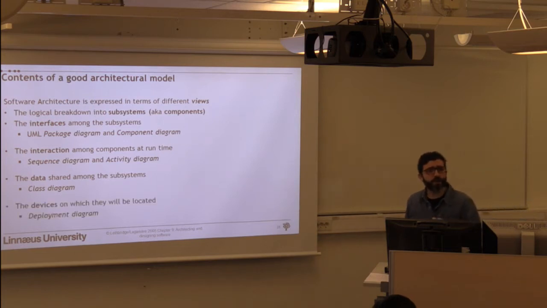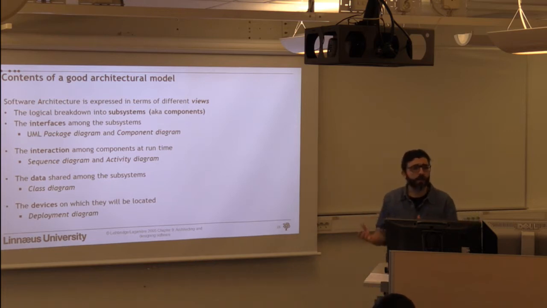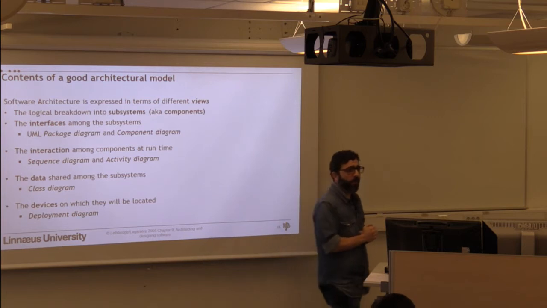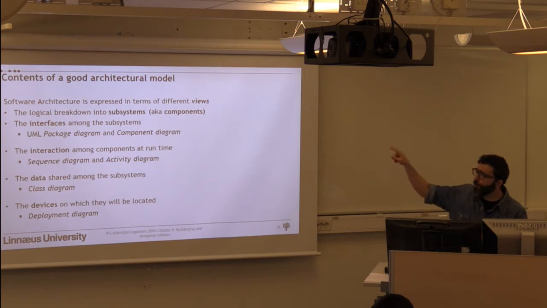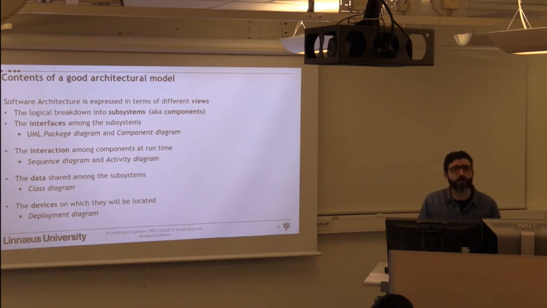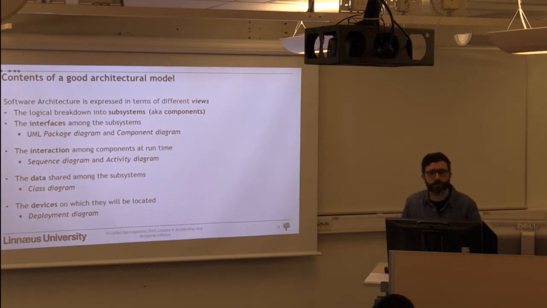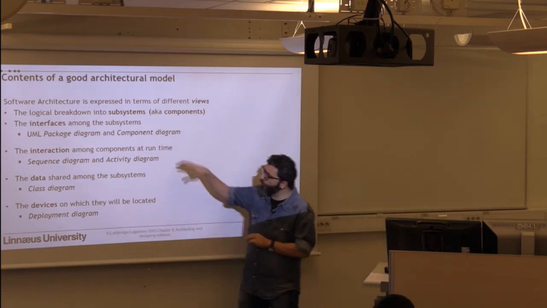We need to express how we deploy our software system on real devices. This is done by means of a UML deployment diagram. Then you can define how these components are deployed on real devices. For example, you can have one component deployed on your desktop machine, another component deployed on the cloud, and so on and so forth.